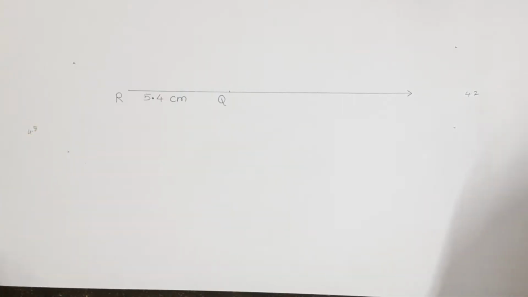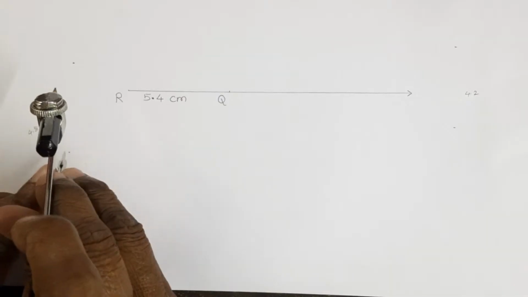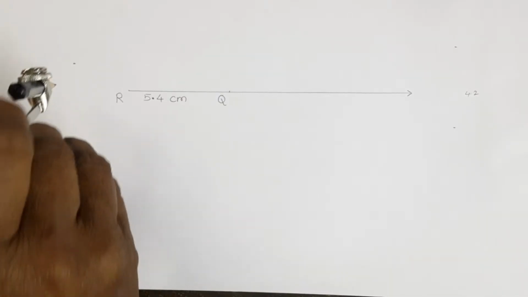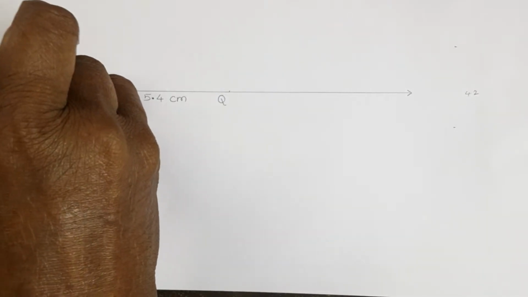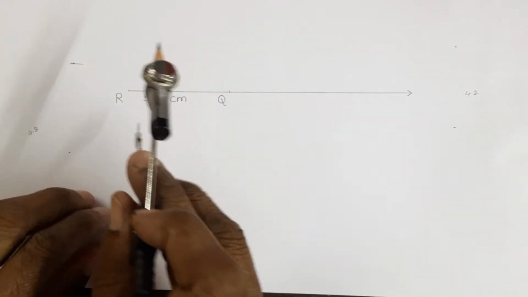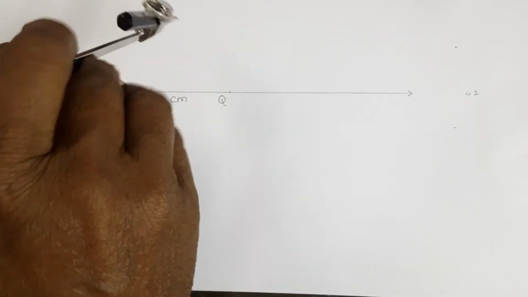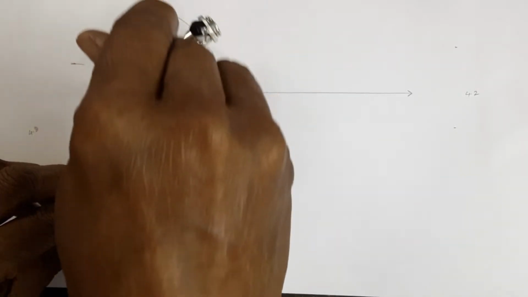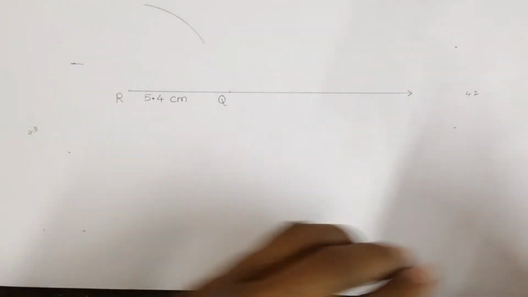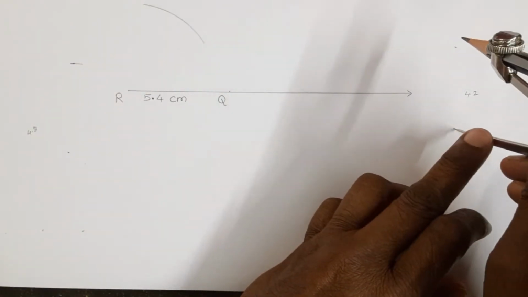So now take the distance 4.8 in the compass. Okay, so this is a 4.8 distance, from R, because PR is equal to 4.8. So I make an arc this way. Then take the distance 4.2 in the compass.